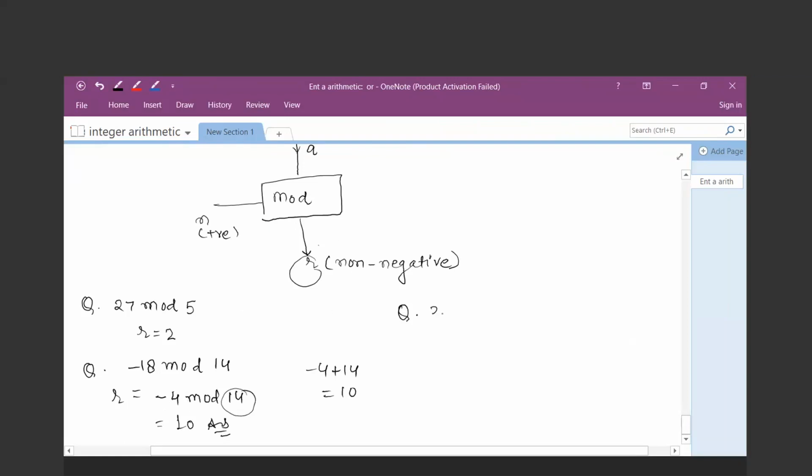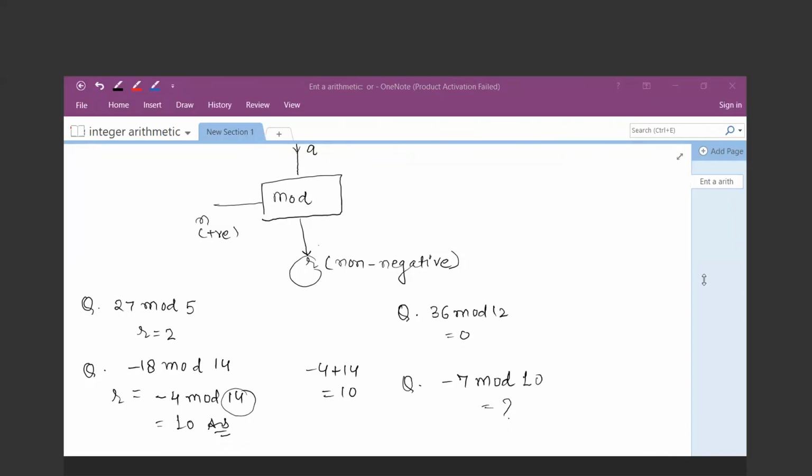Similarly, 36 mod 12, the residue will be 0. And if the question is minus 7 mod 10, what will be the answer? Give it in the chat. I want answers from other students also.